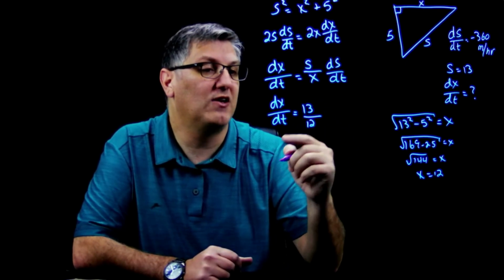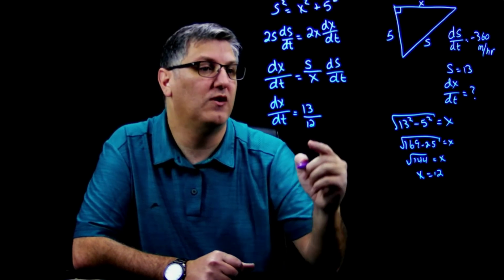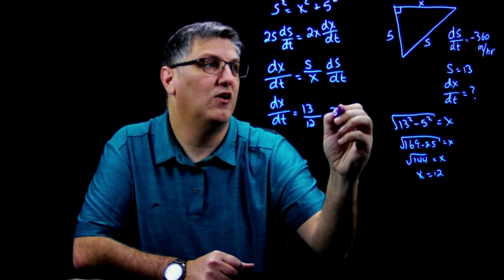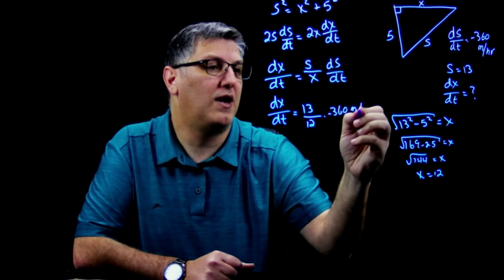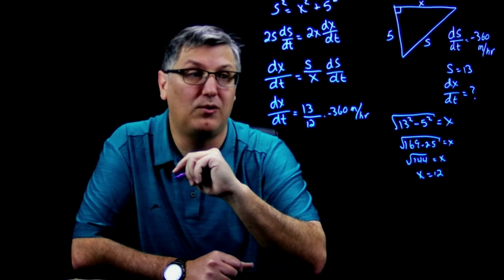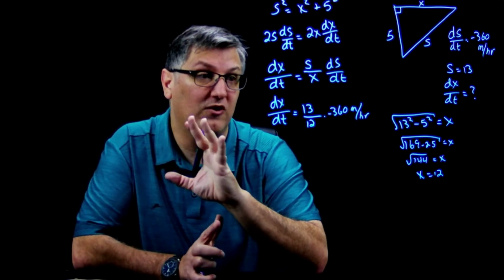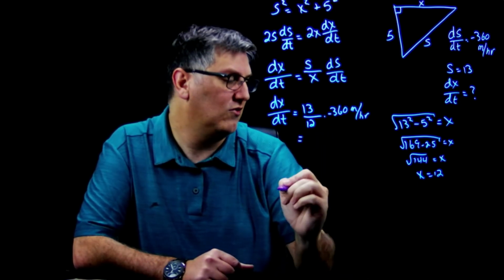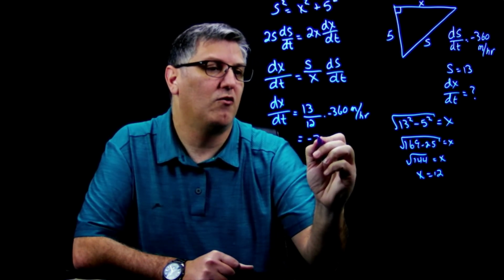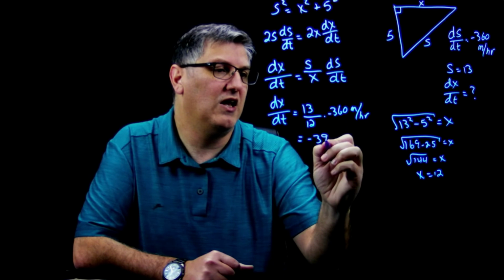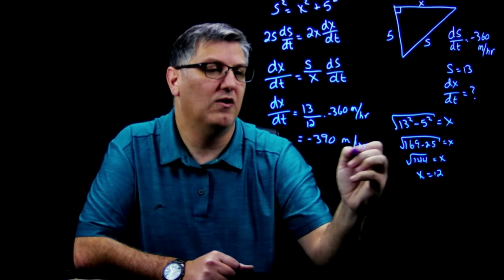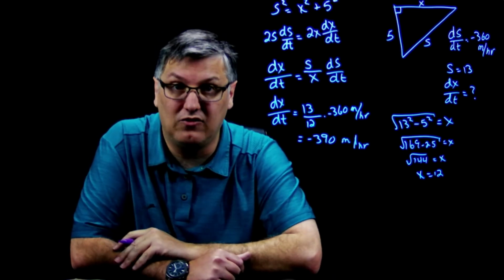So this is basically now unitless at 13 over 12 times my ds/dt, which is a negative 360 miles per hour. Therefore, my dx/dt will be in miles per hour, which makes perfect sense. So when we crunch these numbers, we get a negative 390 miles per hour. Now, this is the velocity of it.